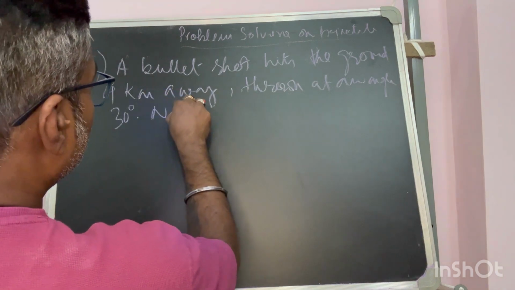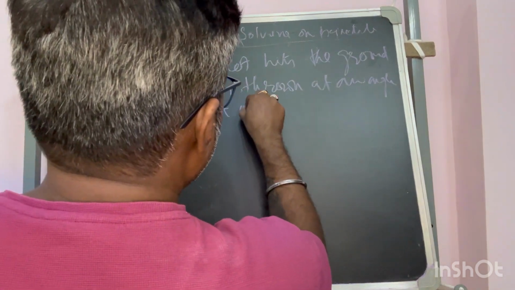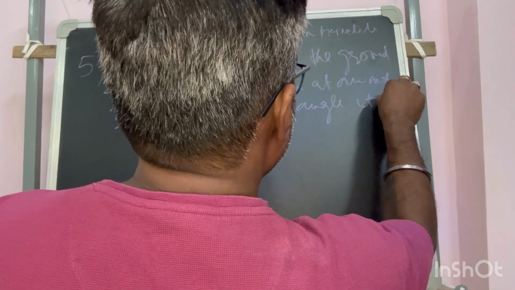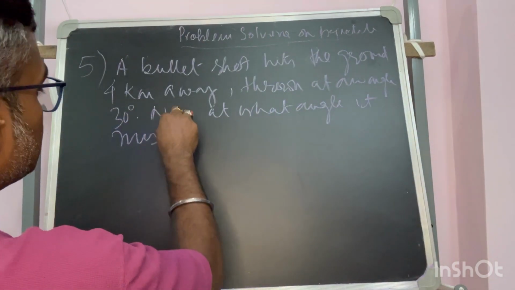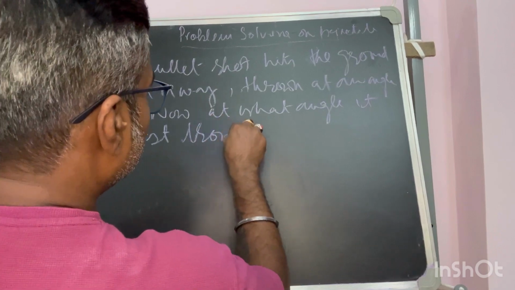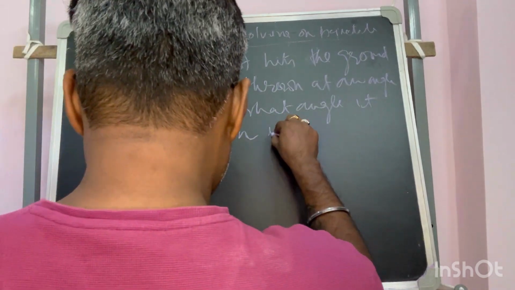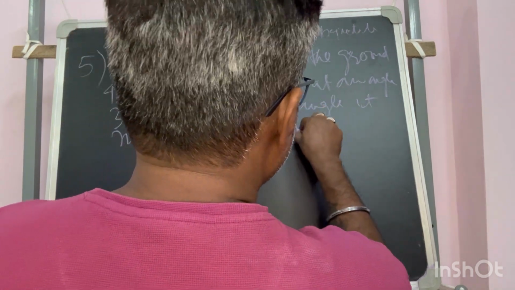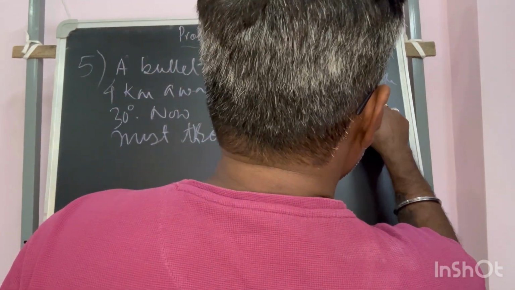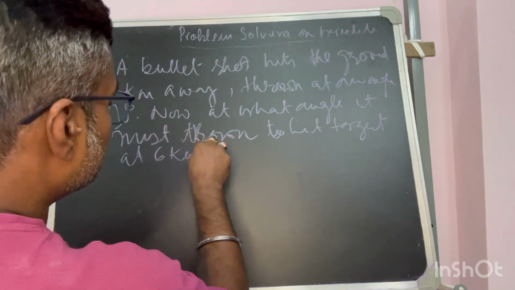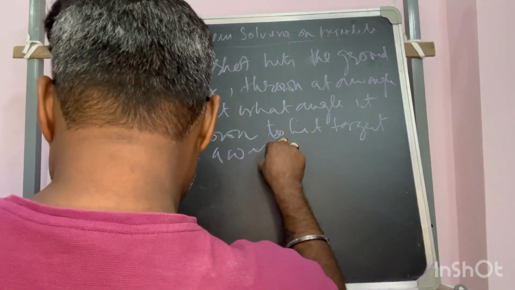Now, at what angle must it be thrown to hit a target 6 kilometers away? So this was the problem.